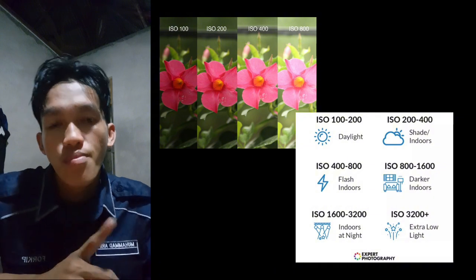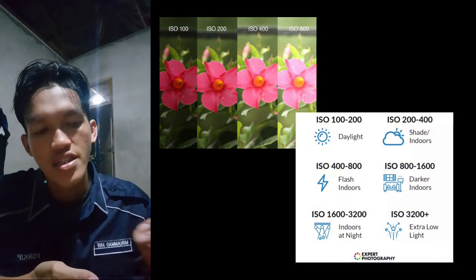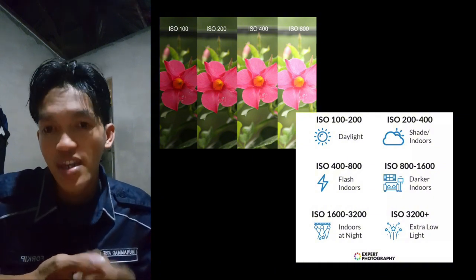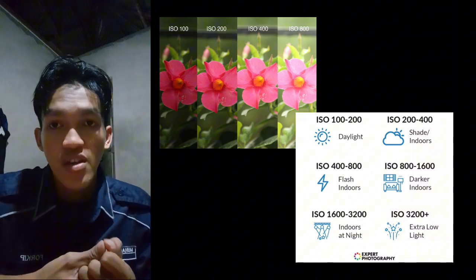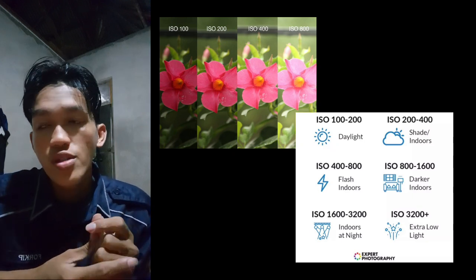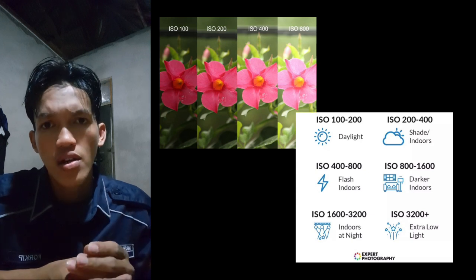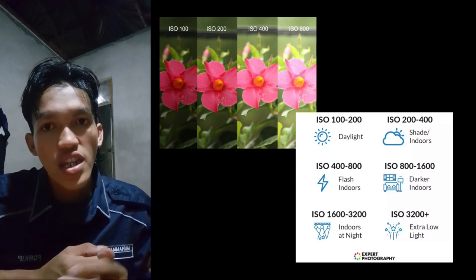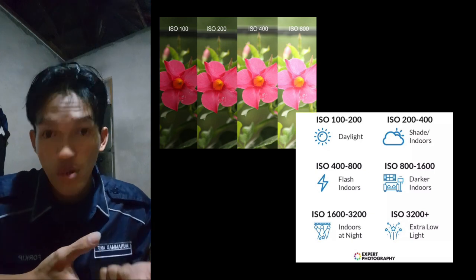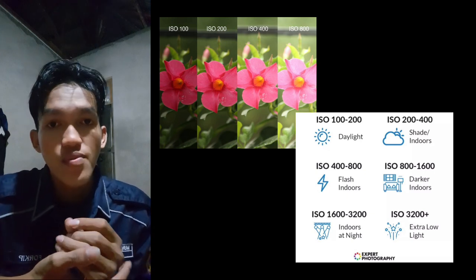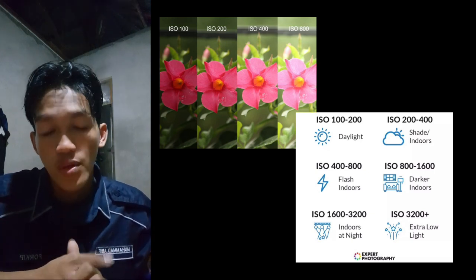Low ISO means the camera is less sensitive to light, and high ISO means it's more sensitive to light. For example, when you're outside on a bright sunny day, you can use a low ISO like 100 or 200. This gives you a clean and clear photo.